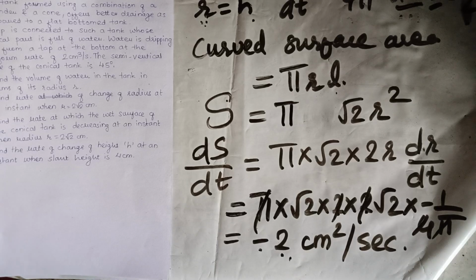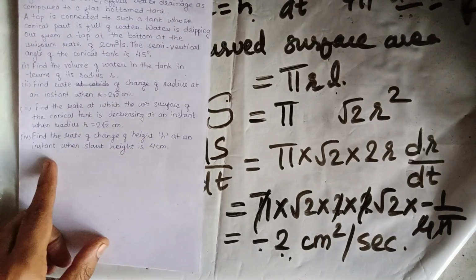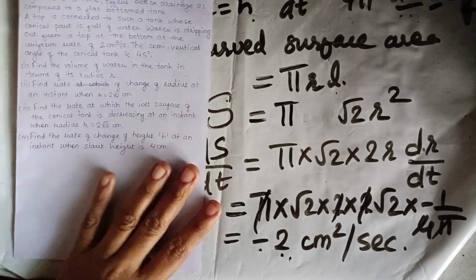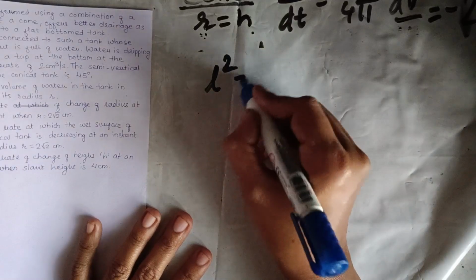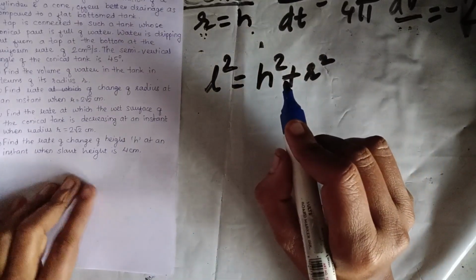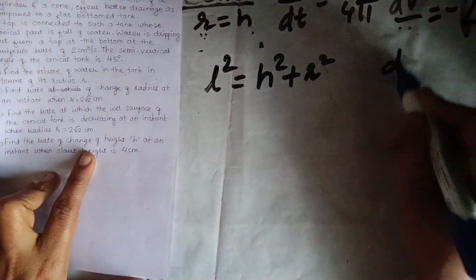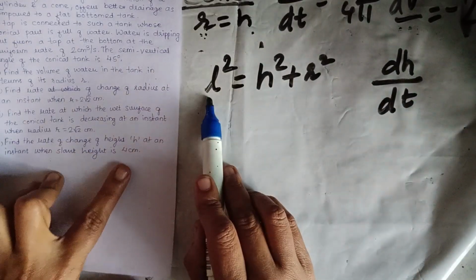Okay, next you have to find the rate of change of height at an instant when slant height is 4 centimeter. Okay, so we have got the slant height as h square plus r square. We have to find the rate of change of height with respect to t when L is 4.